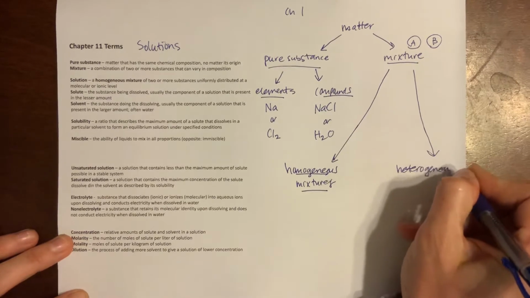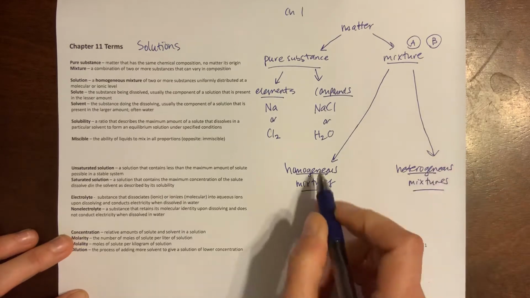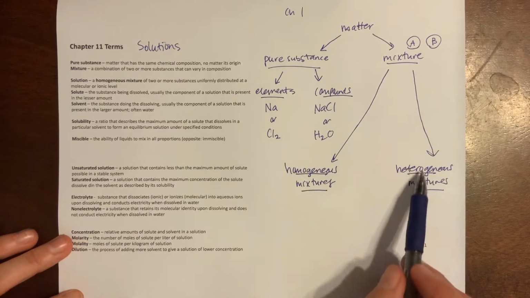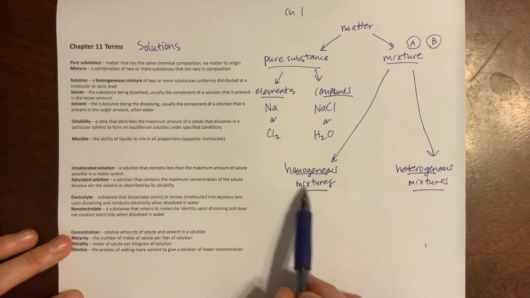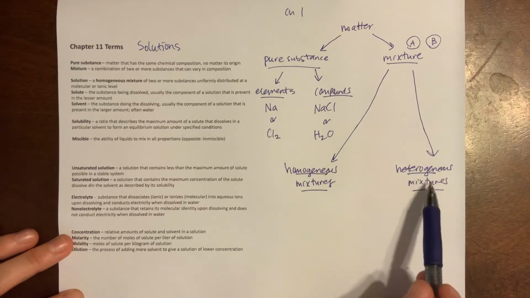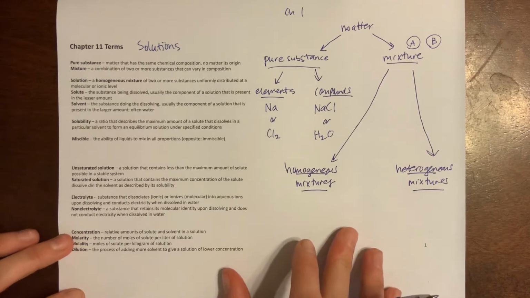And remember those prefixes: homo is going to be the same and hetero is going to be different. So this is going to look the same all the way throughout the mixture, and this is going to be different throughout the mixture. And I'll give you examples of that as we go here.